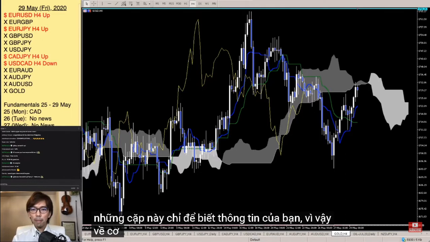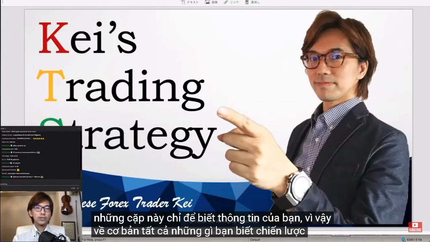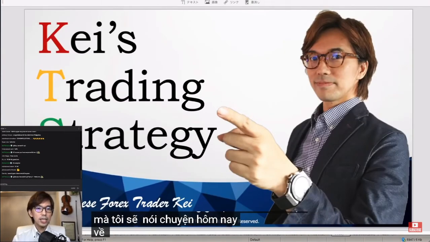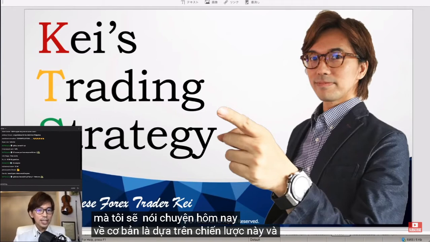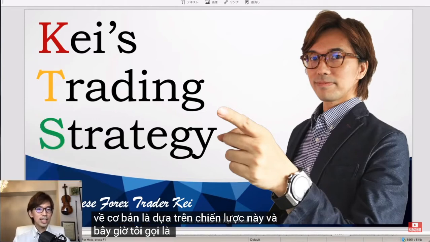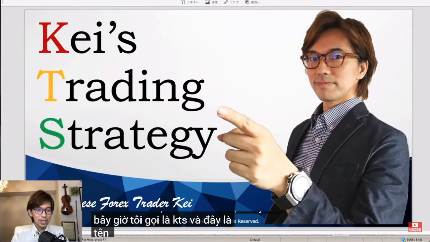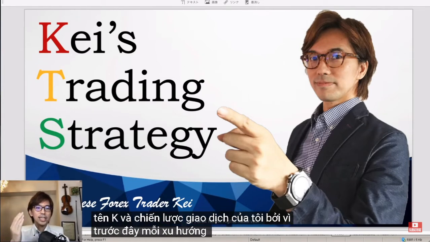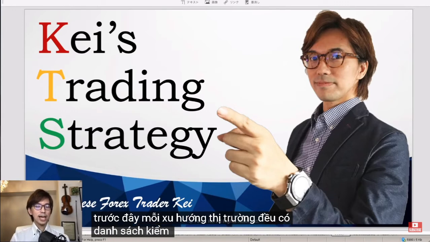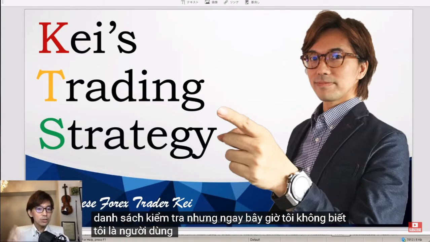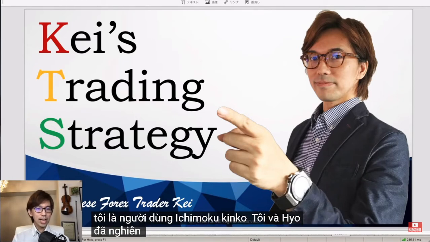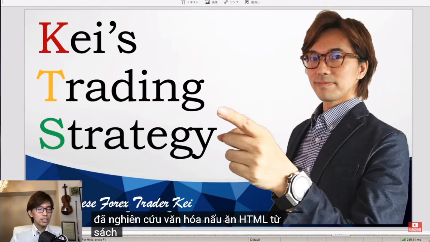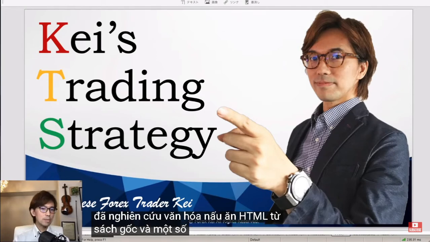Basically all the strategy that I will be talking about today is based on what I call KTS now. This is my name, K, and a trading strategy, because before it was the Ichimoku trend checklist. But right now I use Ichimoku Kinko Hyo, which I have studied from original books and also some Japanese paid contents.